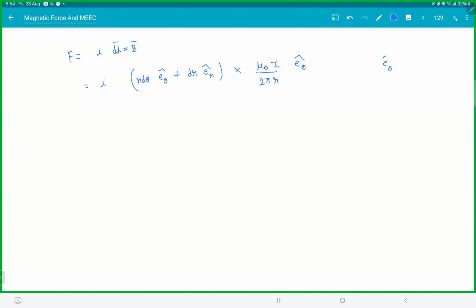Parallel vectors will be 0. e_theta cross e_theta would be 0. So the only thing that is left is I mu naught by 2 pi r dr. This is what I remembered.